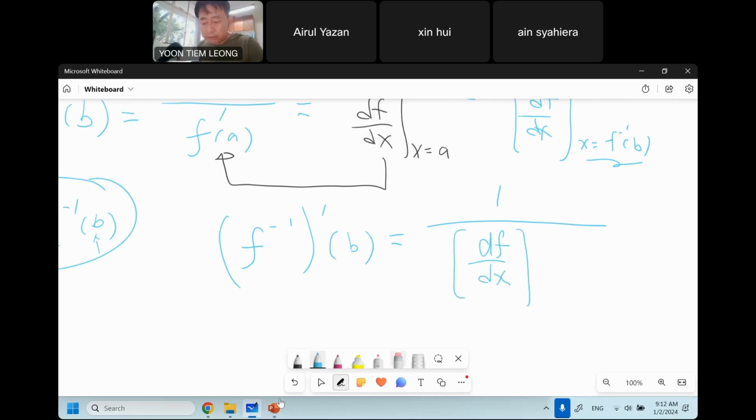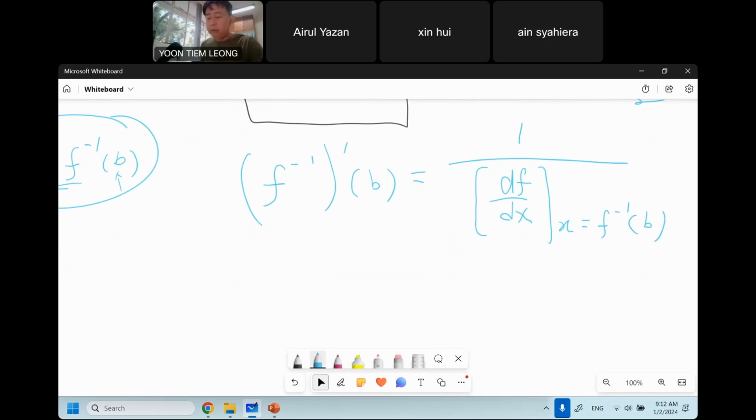This expression is the derivative of f. So this expression has a form of a function of x. Then what you do is that you replace the symbol x in this expression by the inverse of the function evaluated at b.